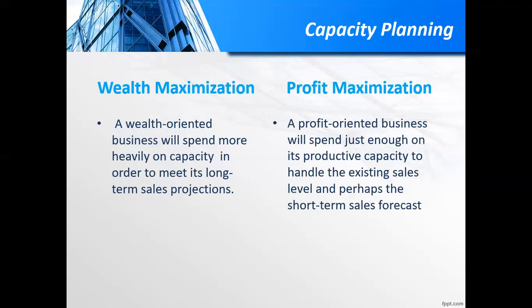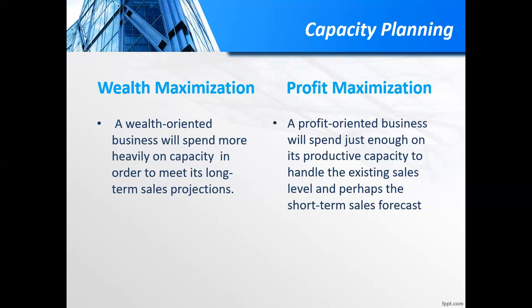And lastly, capacity planning. This is what I told you a while ago. If it's profit-oriented, productive capacity is enough to handle the existing sales level and meet the short-term sales forecast. But for wealth maximization, no. The view is long-term.